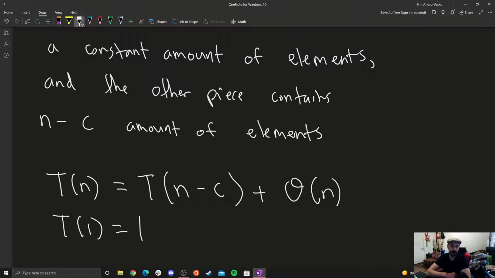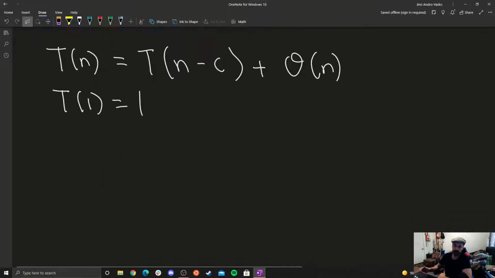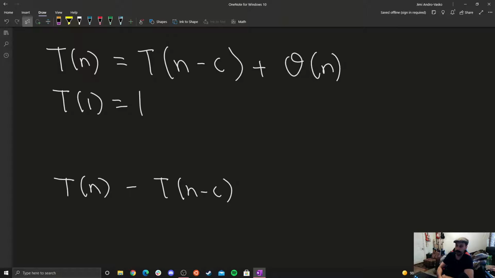So if we have T of n minus 1 plus theta of n, or n minus 2, n minus 3, or whatever value, it's very easy to show that it is going to be quadratic in this case. So we can use our antiderivative method to work this one out. So T of n minus T of n minus c equals, I'll just choose n, since theta of n means we just pick any linear growth rate.